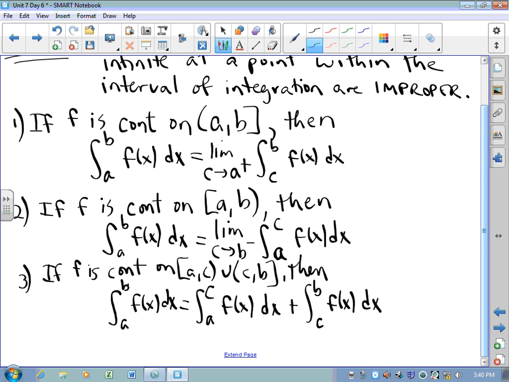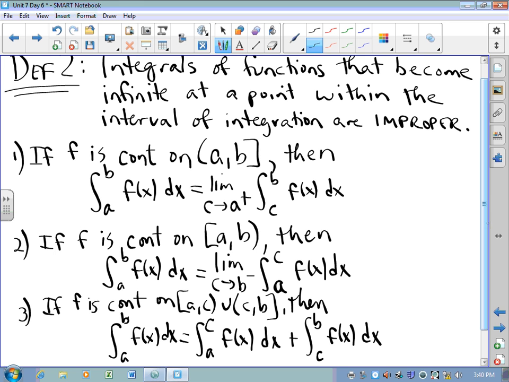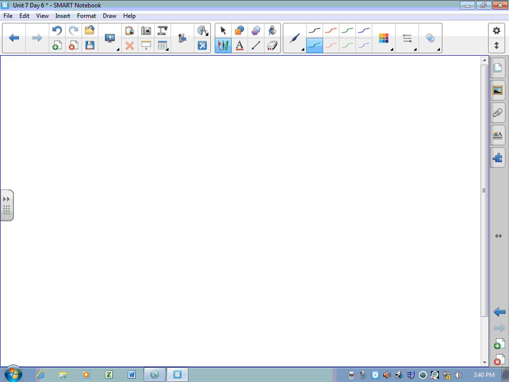All of our properties of integrals from Unit 4 still apply. Basically, if you've got a vertical asymptote, you take a finite integral that gets close to that asymptote and then use the limiting process to push the integral toward that asymptote, like this.